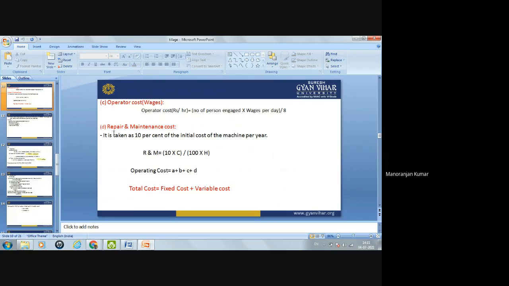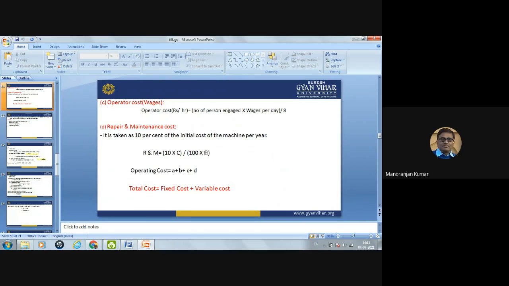So repair and maintenance is equal to 10 into C divided by 100 into H, where C is the initial cost or capital cost, and H is the number of working hours in a year. In 1 year, how many hours your machine is running.